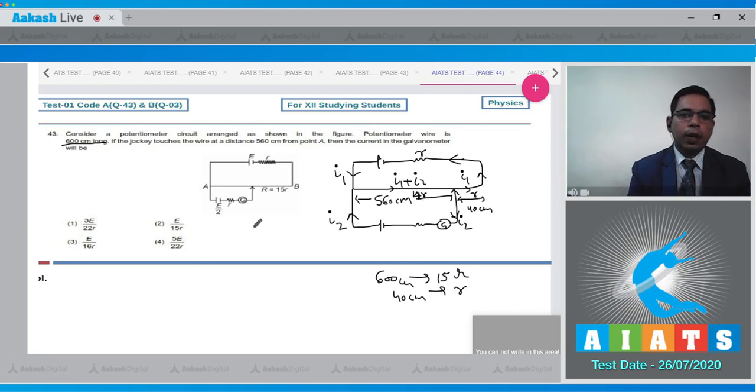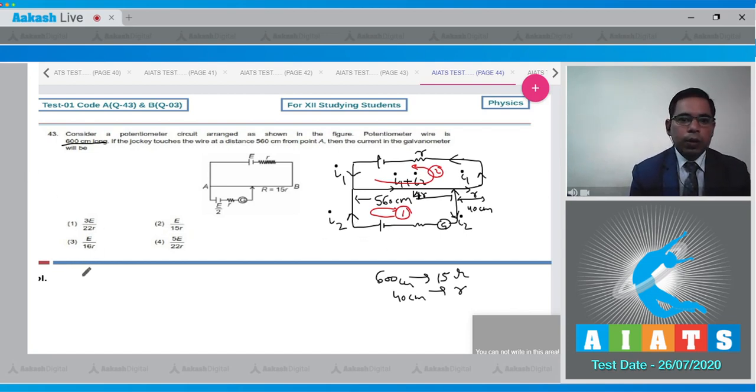Okay. Now just follow the KVL in loop 1 and 2. Let this be loop 1 and this be loop 2. Now what will be the equation?